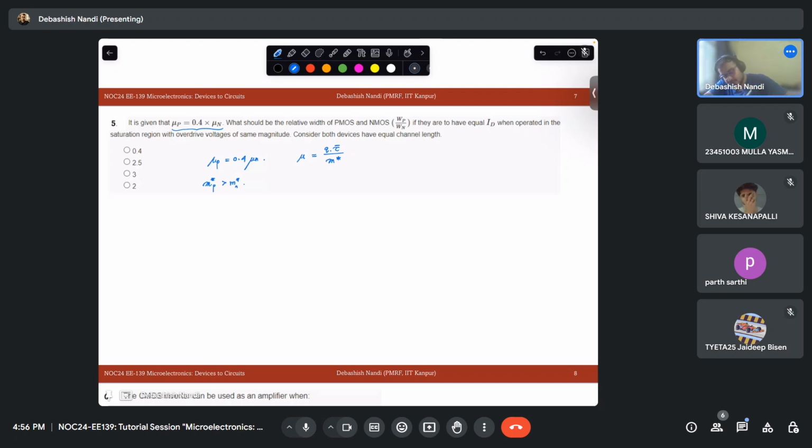Okay, good. Another thing is that I need to have IDP equal to half mu p Wp by Lp Cox times VSG minus VTP whole square, and IDN equal to half mu n Wn by Ln Cox times VGS minus VTN whole square.